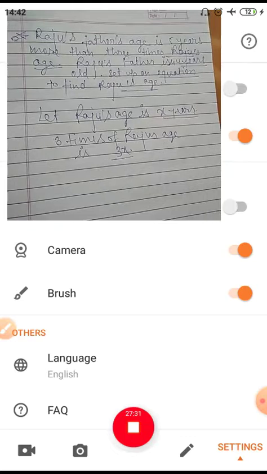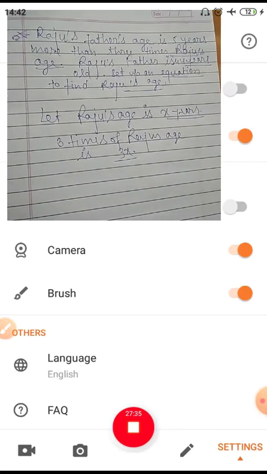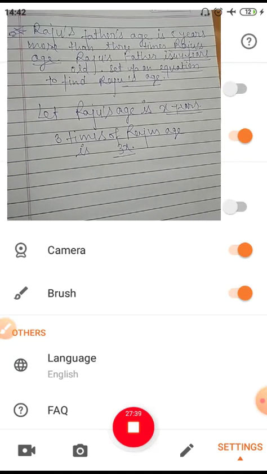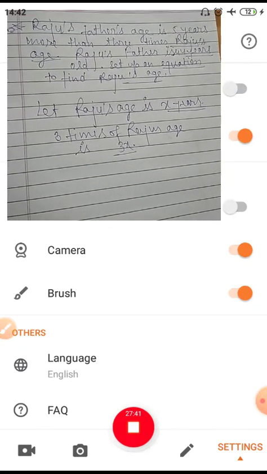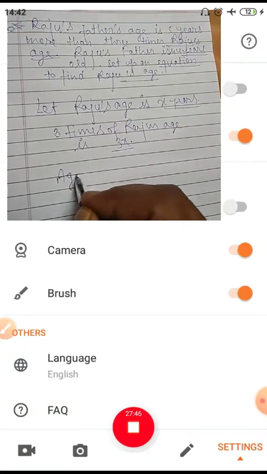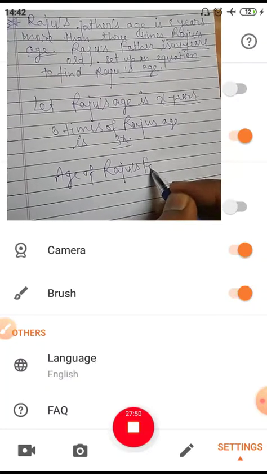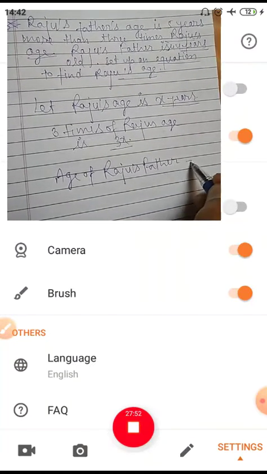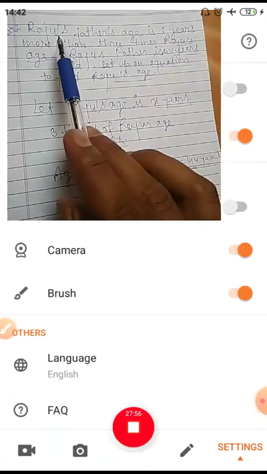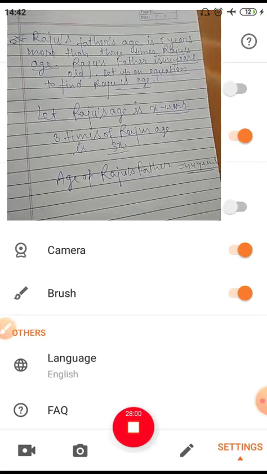And what is given here? Raju's father is 44 years old. Means age of Raju's father is equal to 44 years, and the condition is that Raju's father's age is 5 years more than 3 times Raju's age.